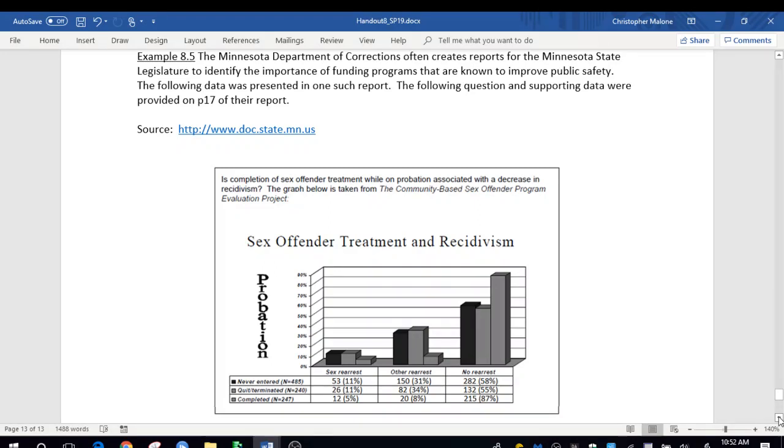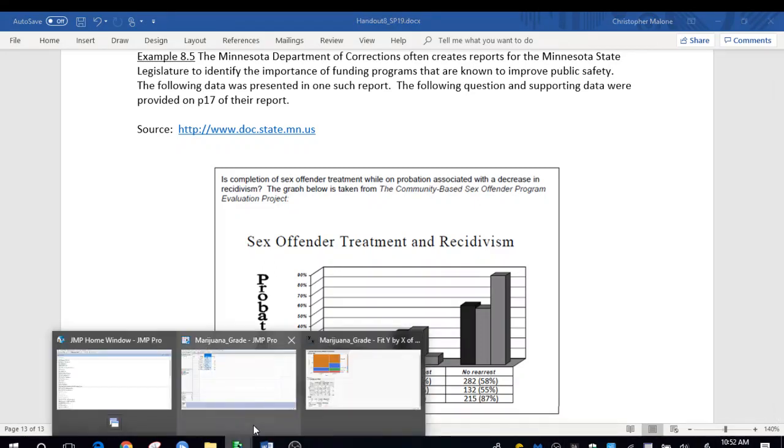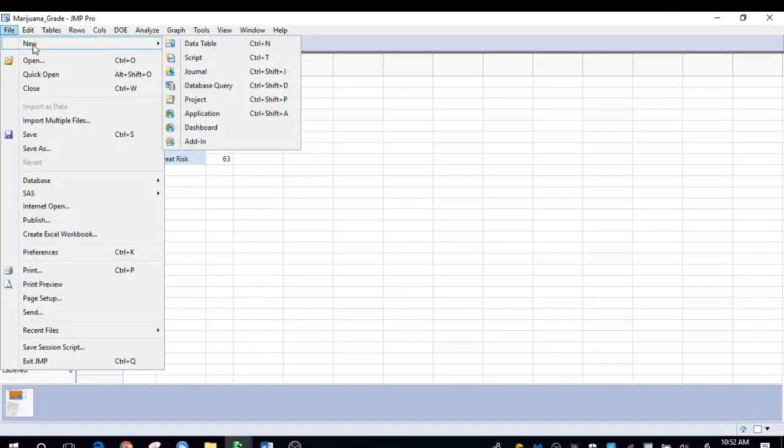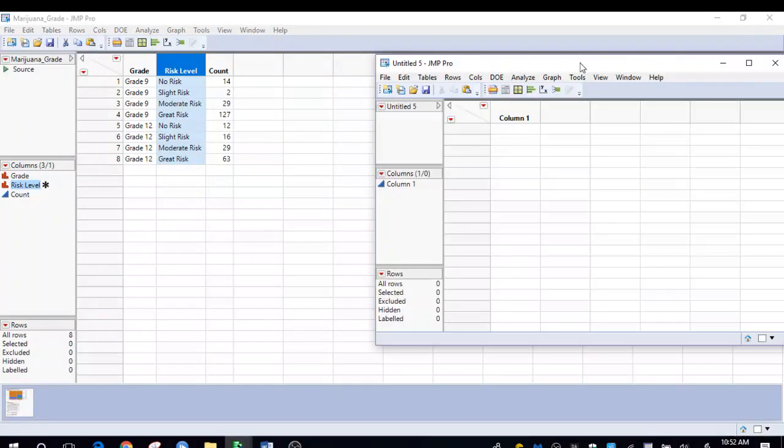So I have to take this data that I have presented here and get that into JMP. Let me show you how to get that in quick. I'm going to have to hand type this one in. Let's get a new data table.